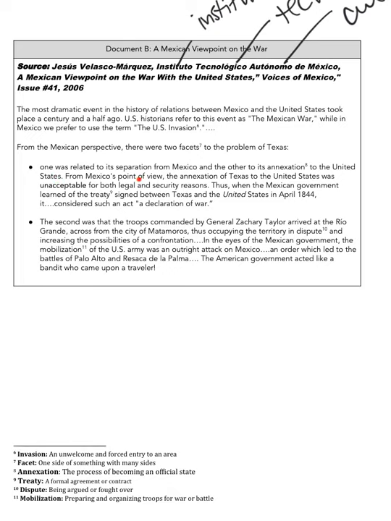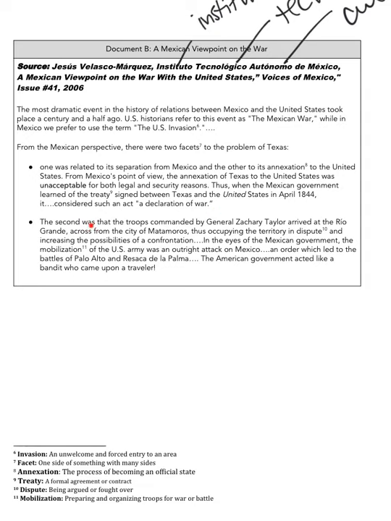From Mexico's point of view, the annexation of Texas to the United States was unacceptable for both legal and security reasons. Thus, when the Mexican government learned of the treaty, and a treaty is a formal agreement or contract, when the Mexican government learned of the treaty signed between Texas and the United States in April 1844, it considered such an act a declaration of war.